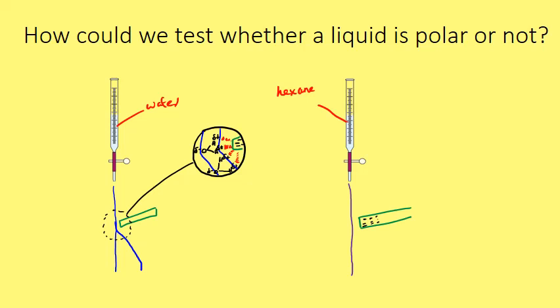We'll move on to hydrogen bonding next, which is a particular type of permanent dipole-dipole molecular attraction.